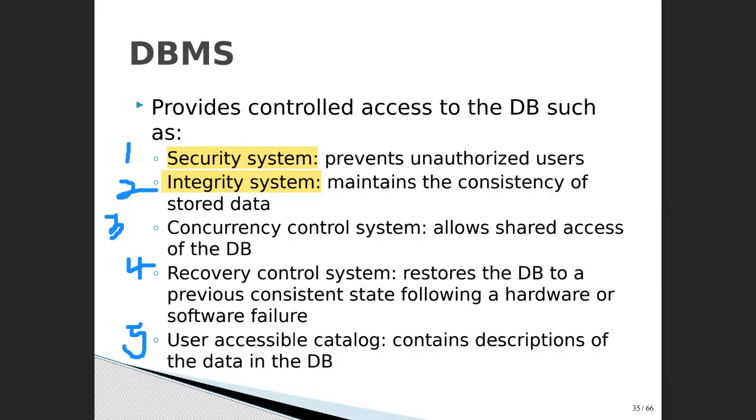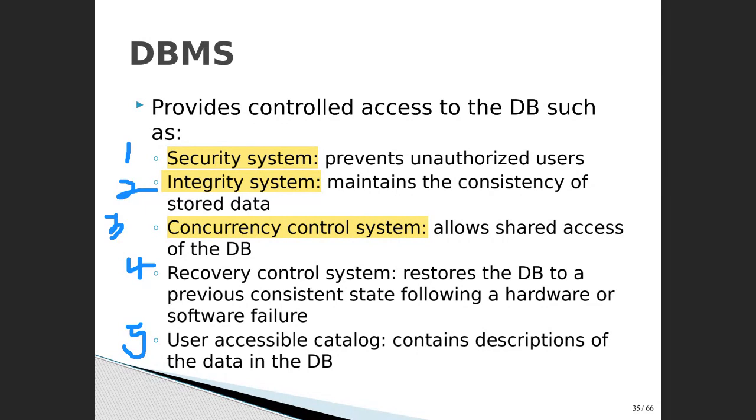And then there will be a concurrency control system. All right. Which means that it will allow multiple users to access the database at the same time. So concurrency control means that, you remember the file-based limitations, only one person was allowed to access the system at a time.